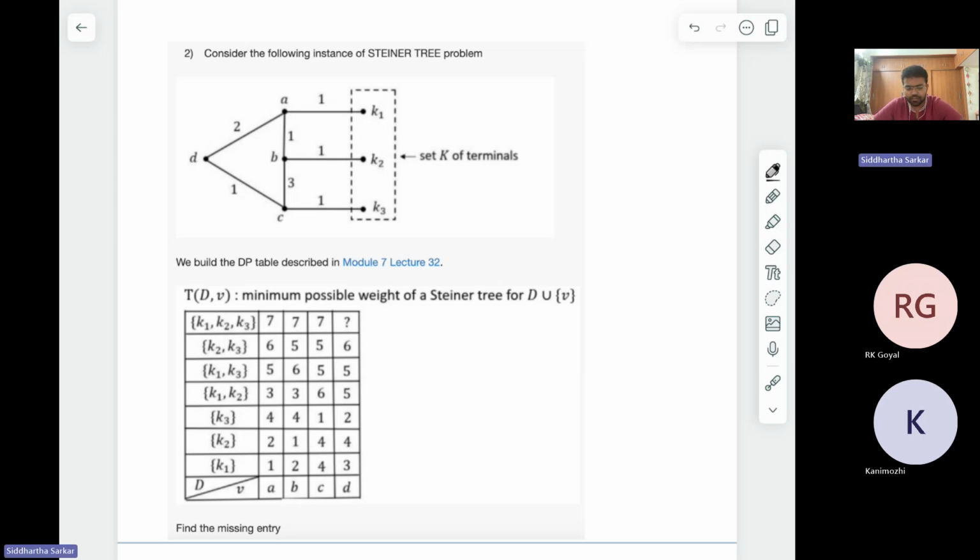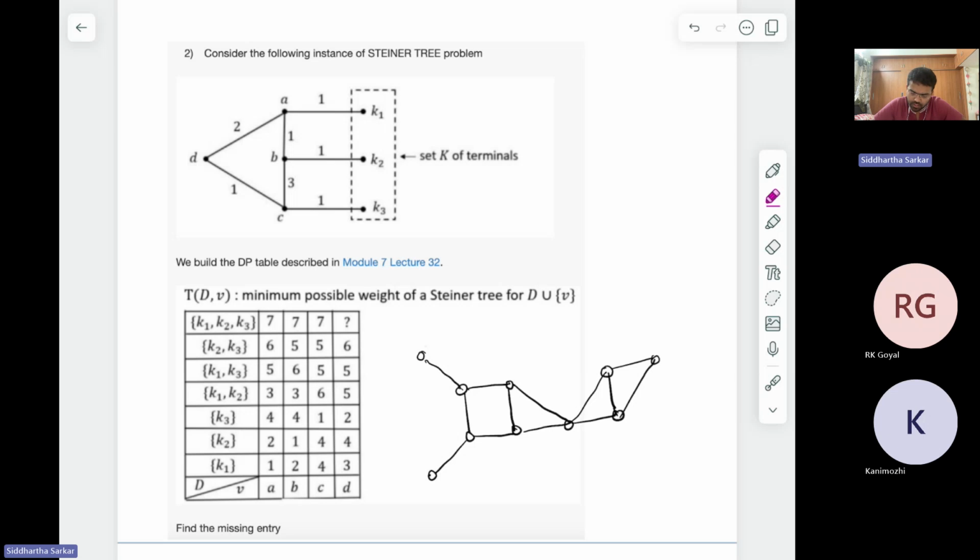So I give you a graph, and in this graph, along with specifying the vertices and edges, I also mark certain vertices as special.